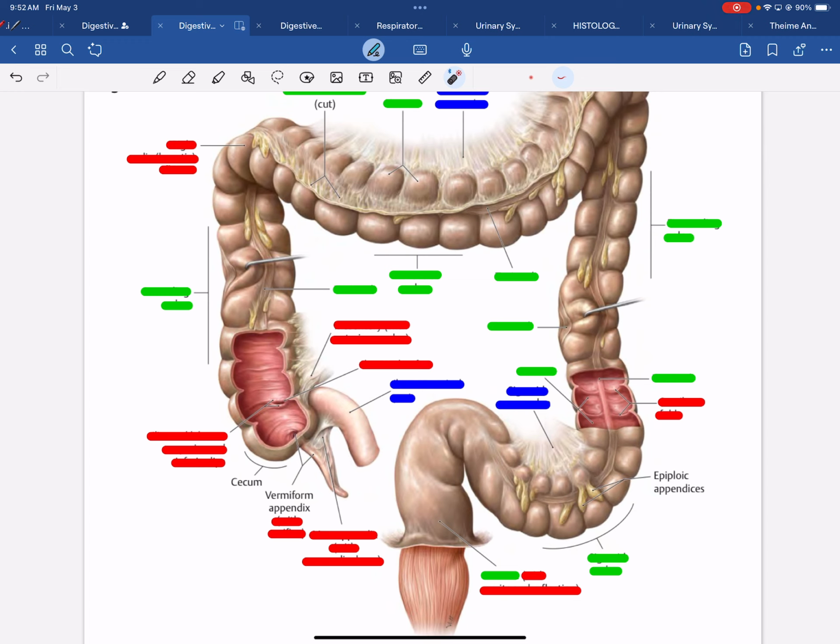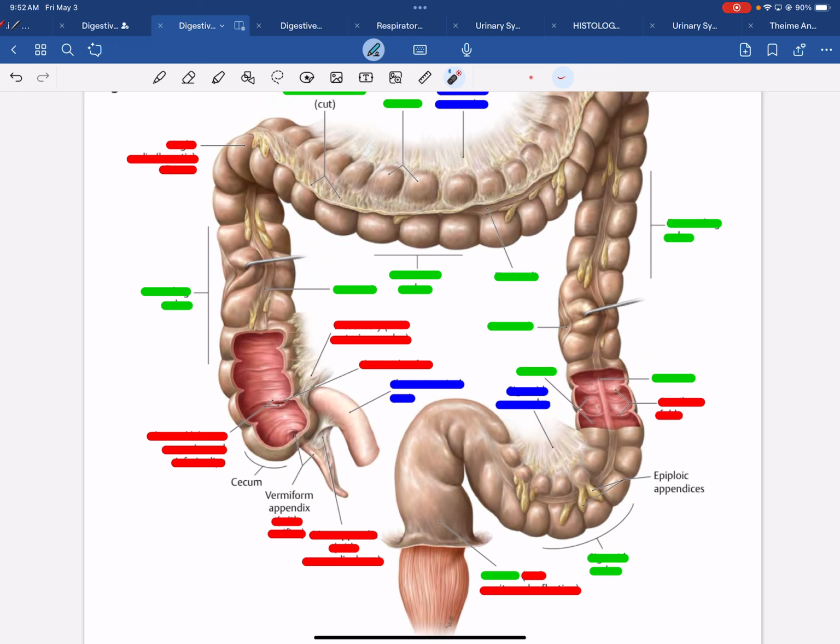Okay, good, right? So for immune surveillance, it houses beneficial bacteria. The way I think about it is that the cecum and the appendix are like a little petri dish for bacteria, good and bad.